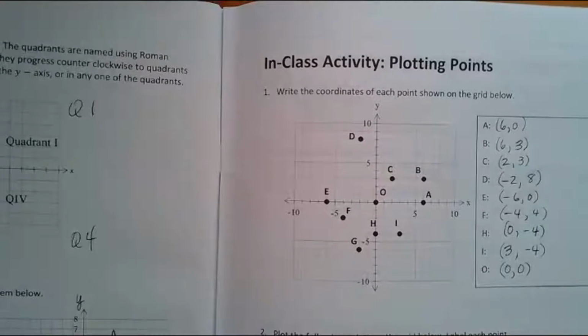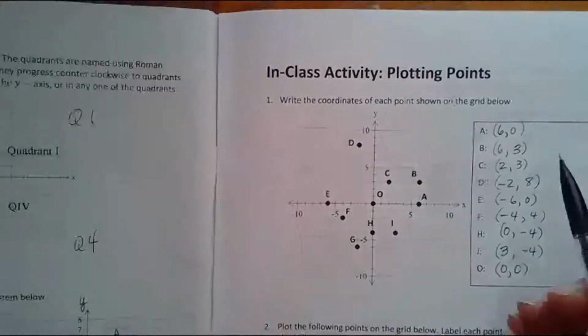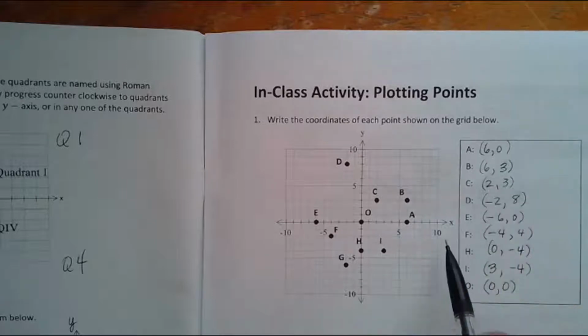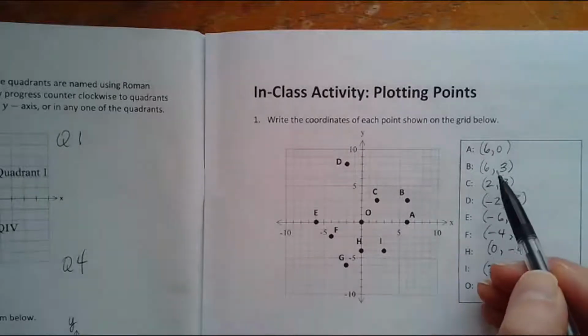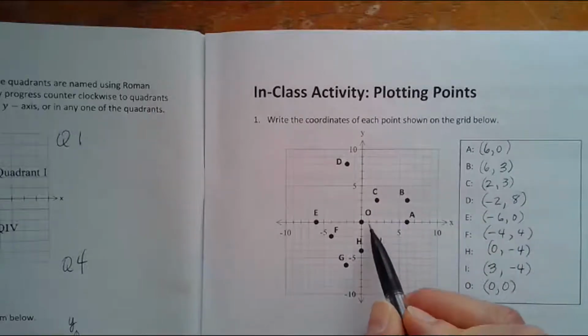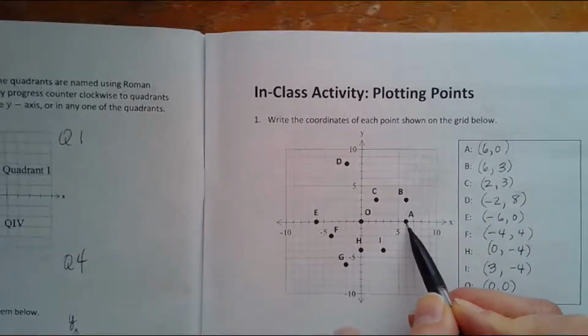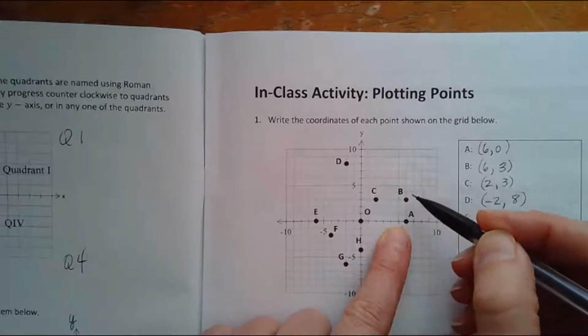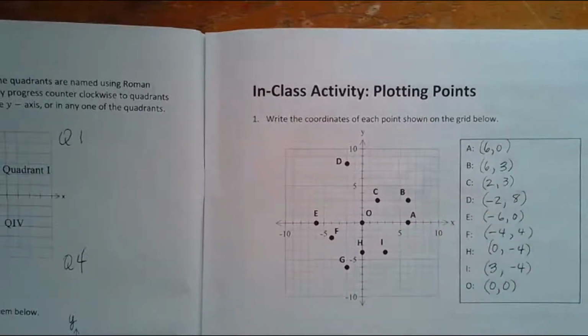So the first number given to you in a coordinate point references where on the x-axis you look for the value. So if they gave me a 6,3, I look where 6 is located on the horizontal axis, and then where 3 is located on the vertical axis, 1, 2, 3, and that's where the point 6,3 is.